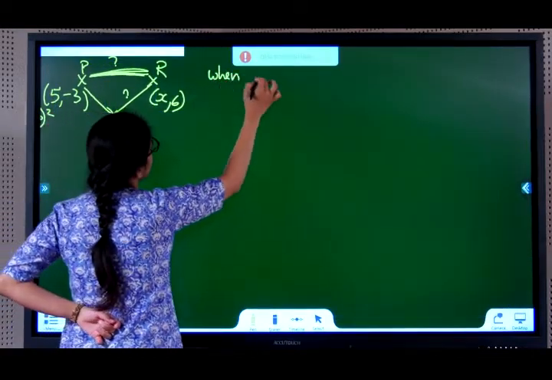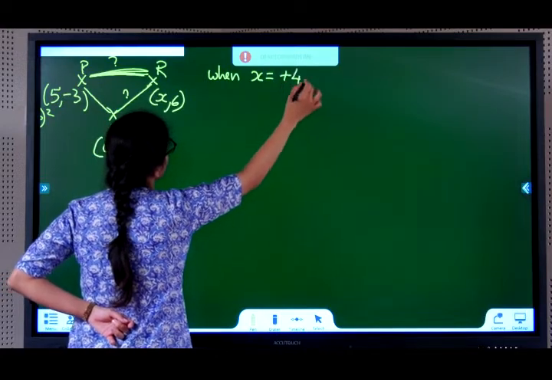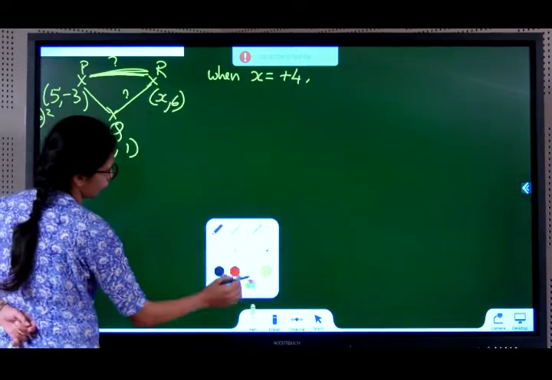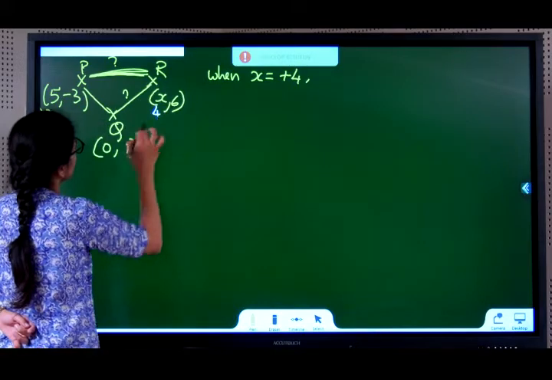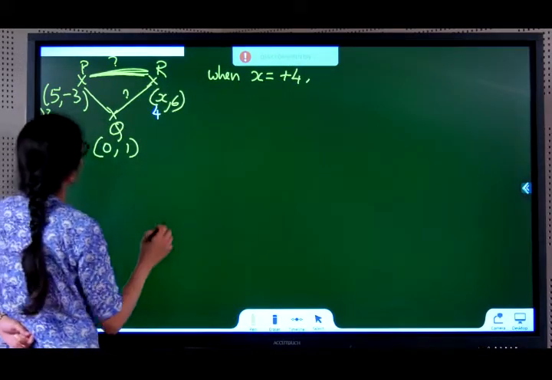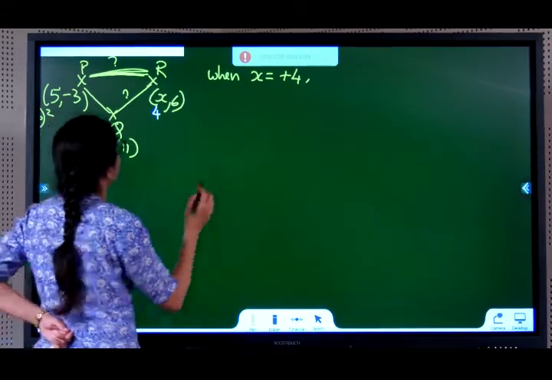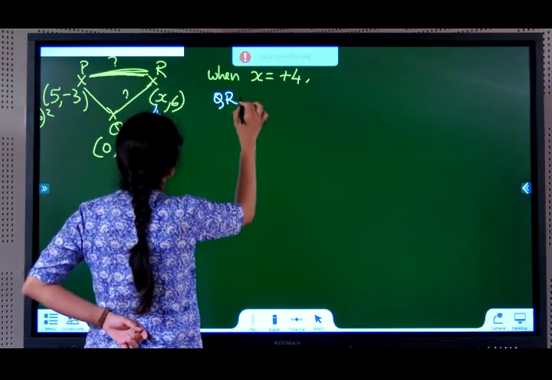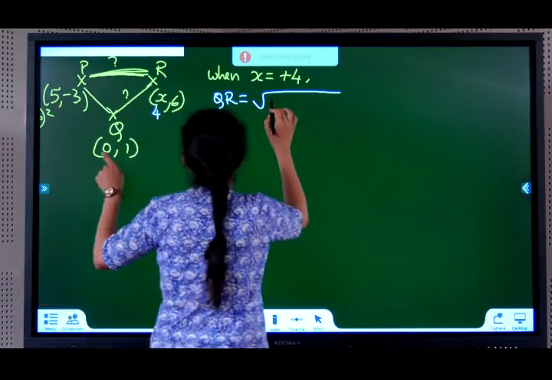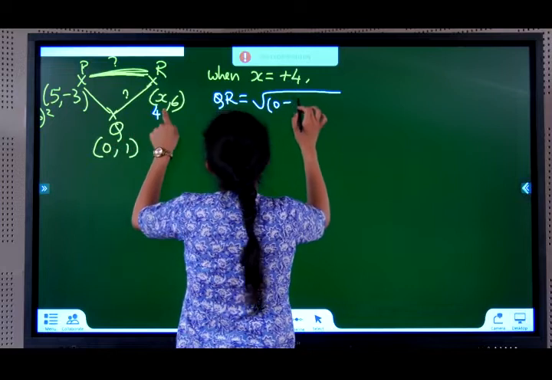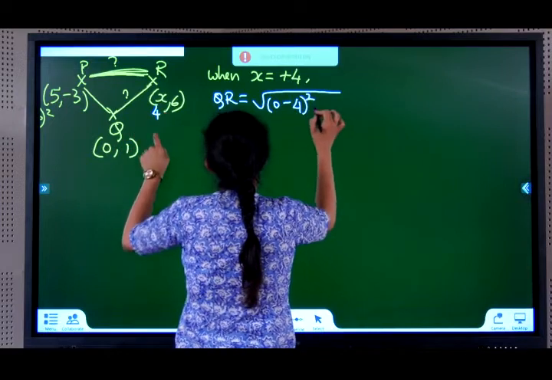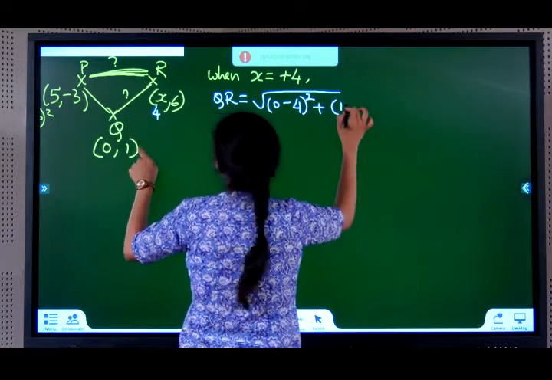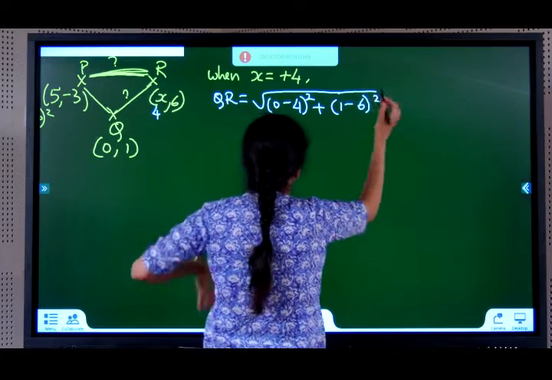When x is plus 4, what happens to QR and PR? QR is equal to root of (0 minus 4) the whole square plus (1 minus 6) the whole square.